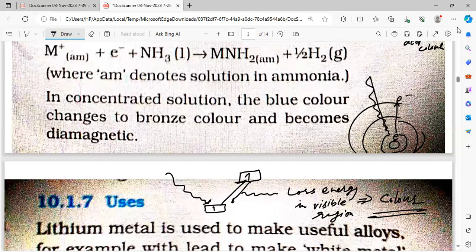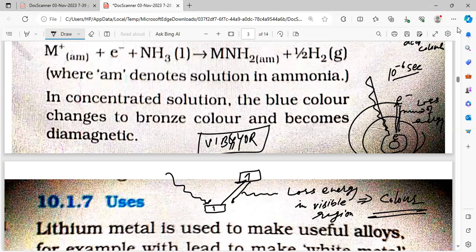After that, it falls back to the same position, because it stays excited only for 10 power minus 6 seconds. When it falls, there is a loss of energy. This loss of energy in the visible region is VIBGYOR, the spectrum. So in the visible region, it will give color or not?